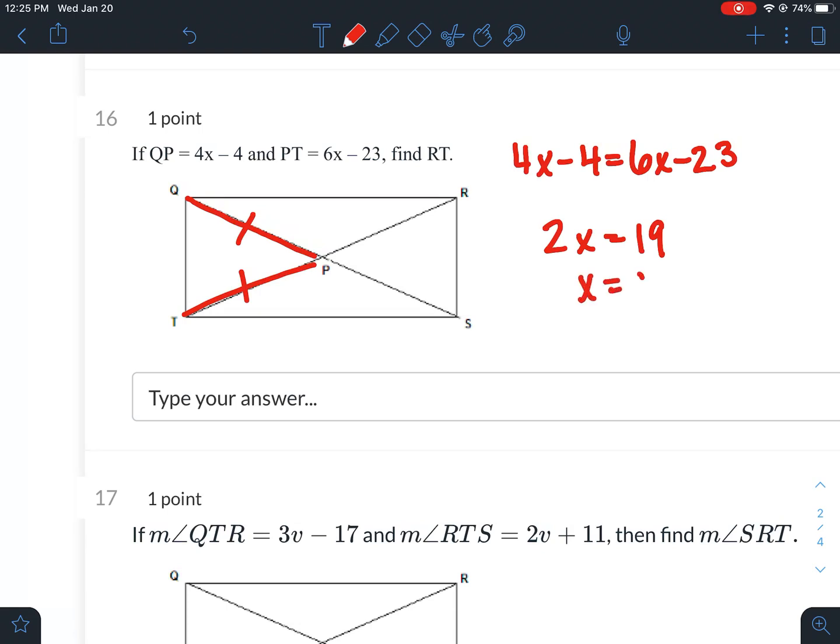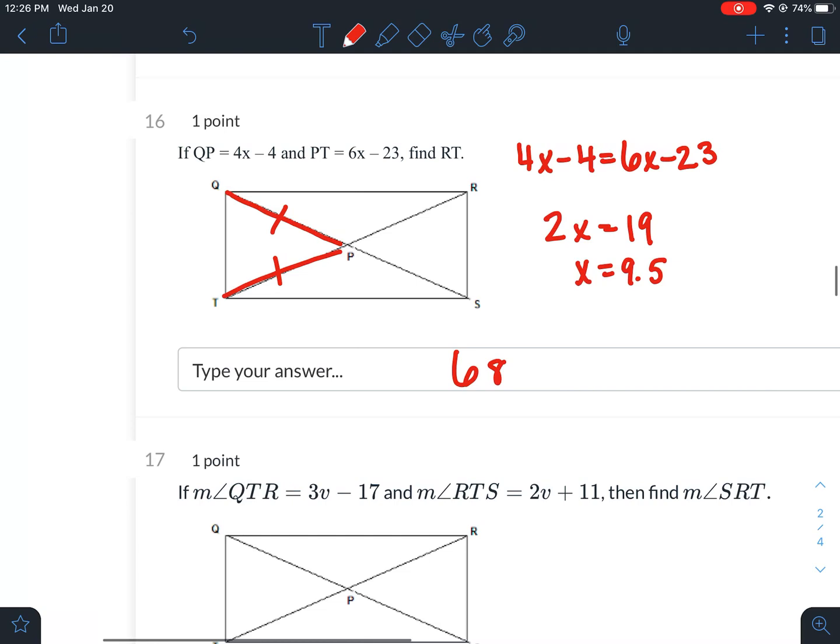So I'm getting x equals 9.5. Then to find RT, I'm going to plug it in. So 6 times 9.5 minus 23. And I'm going to multiply that by 2, which will give us a number of 68.